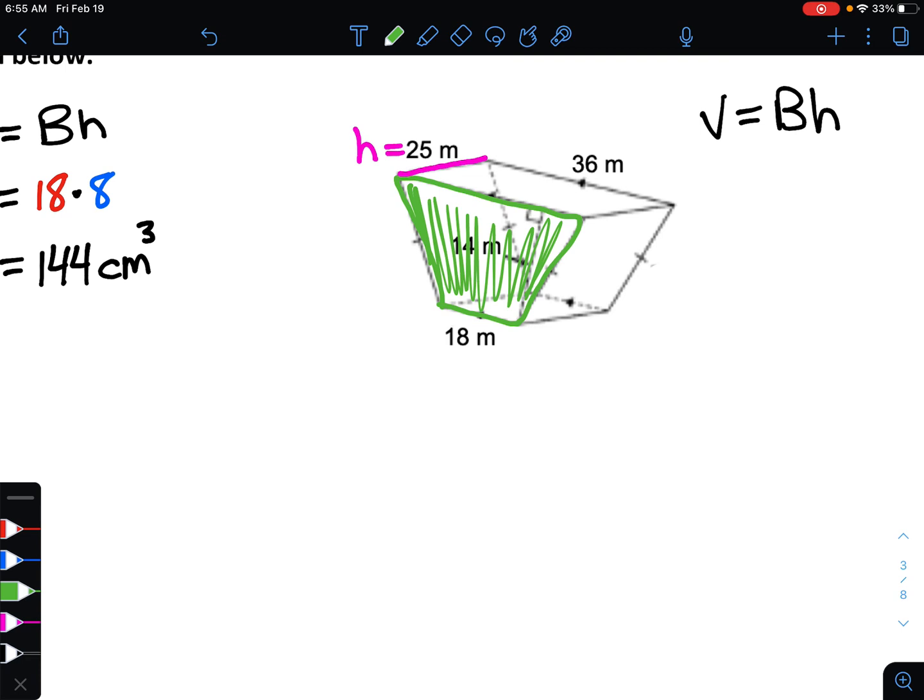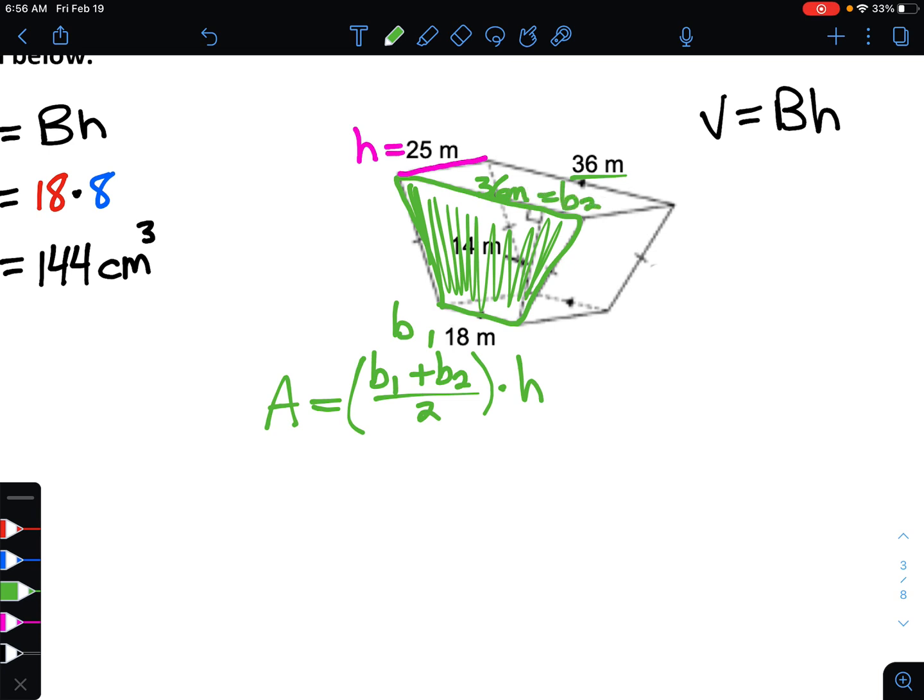So let's go ahead and find the area for our base. So the area for our base is that we're going to take the average of our two bases, so base 1 plus base 2 divided by 2, and multiply that by the height for our trapezoid. So looking at the values that we were given, 18 is going to be our base 1. 36 meters, although it was written over here, would also be the same length over here.